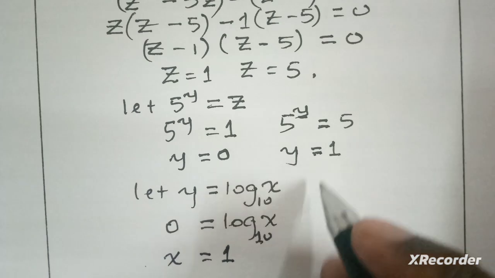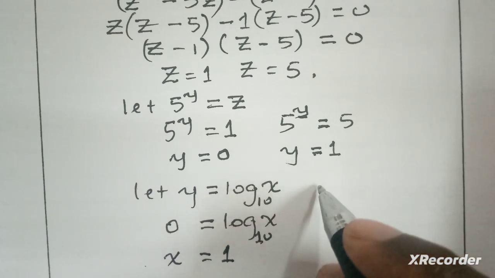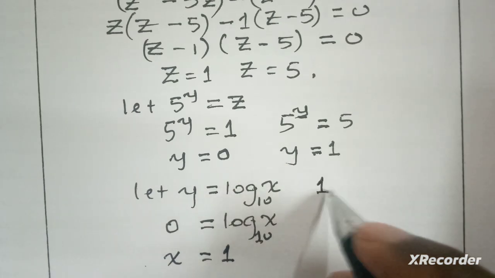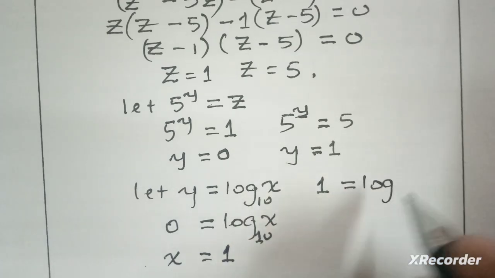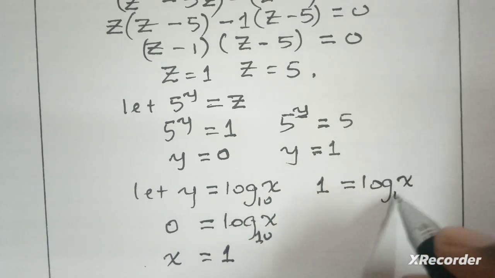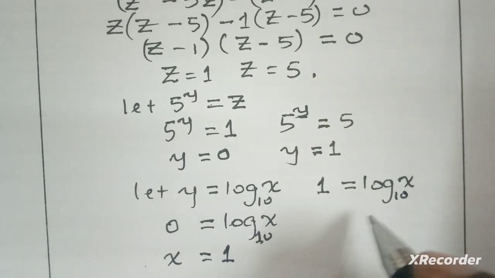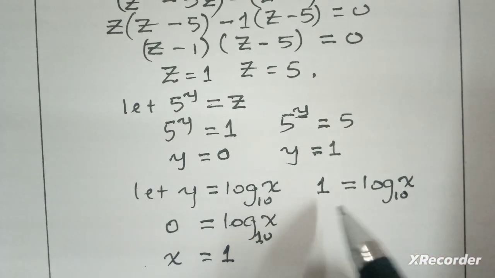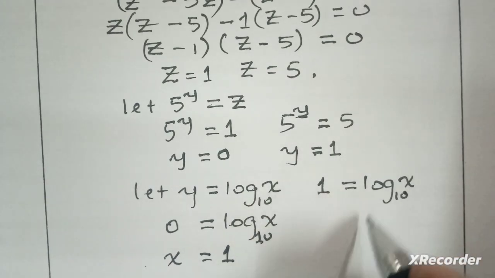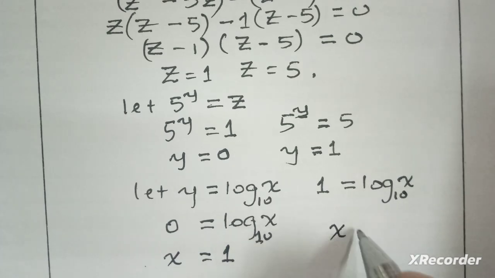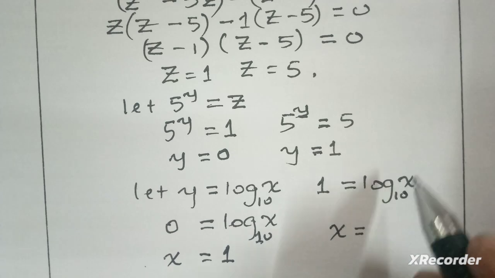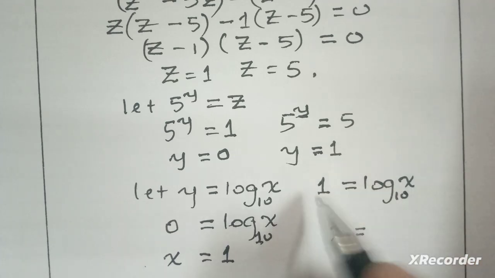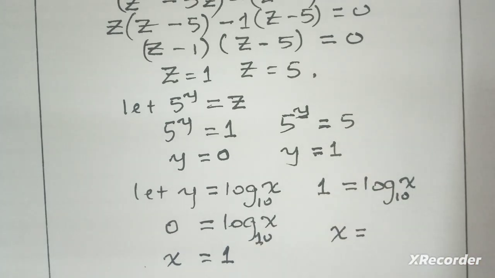Then we come here, we say y is equal to 1. This is equal to log x to base 10. So we look also, guys, for log inverse of 1, so that we see what we will get. Of course, this one is supposed to be 10, because the log of a number to its own base gives us 1. But let's see when we check for log inverse 1.